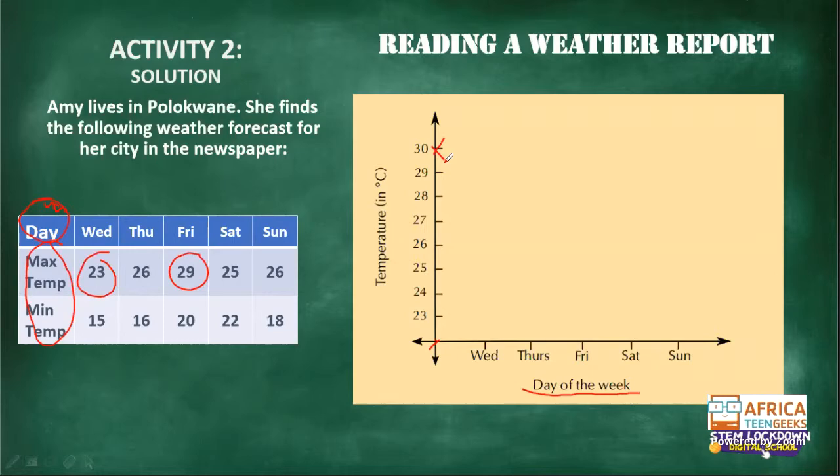So first of all, we look for 23 on our vertical axis, and then we see it's over here. We go all the way there and we connect with Wednesday, and we just mark that on our graph. And we will go through each and every single day like that.